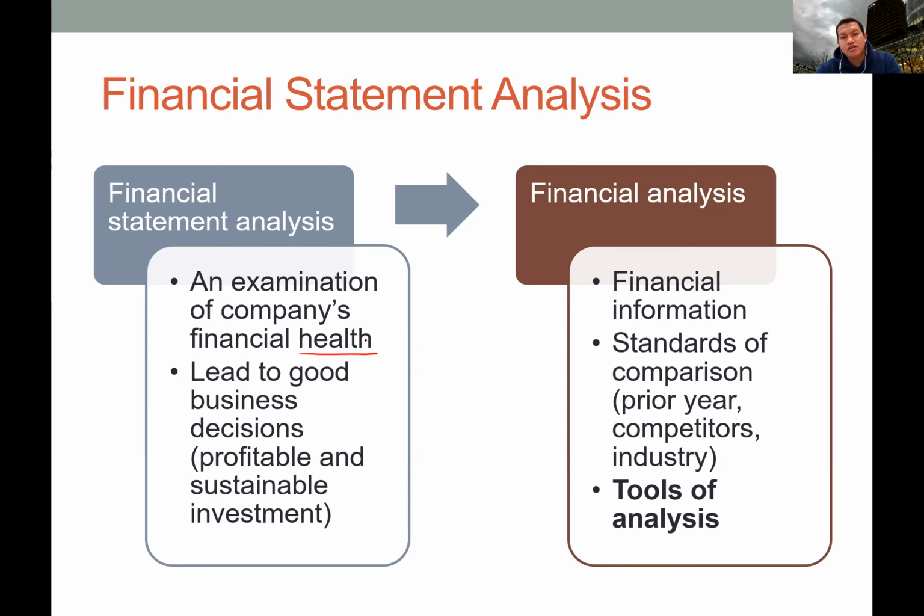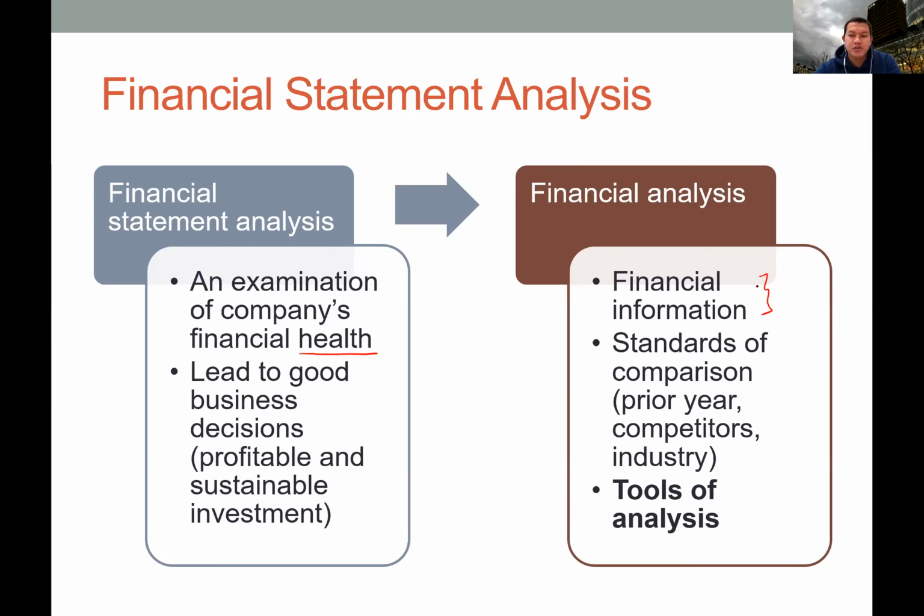What we need in this analysis: at least three components. The first one is the information. We need the financial information, the balance sheet accounts, the profit and loss, and also some information from the cash flow statement.